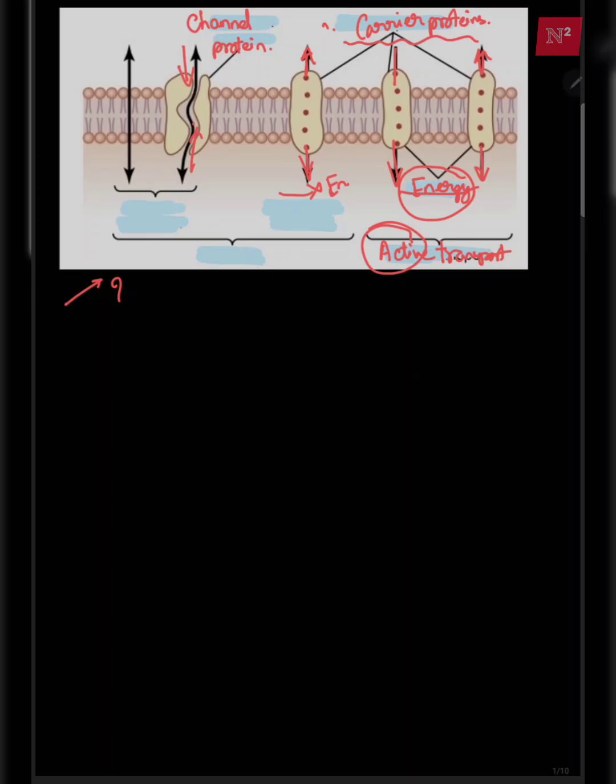On the other hand, the carrier proteins which help in transporting the substances in interaction with the channel proteins, without the use of energy, is called facilitated diffusion.